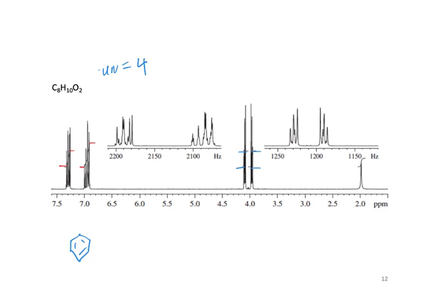So 2 to 3. What about these other ones? 2, 2, and 1. So one hint is usually if there's something that's an impurity, which they never show in these kind of spectra, if there is an impurity, then it usually doesn't have an integration on it.